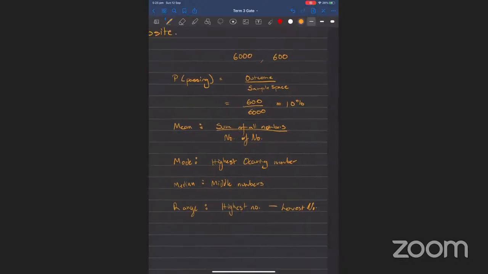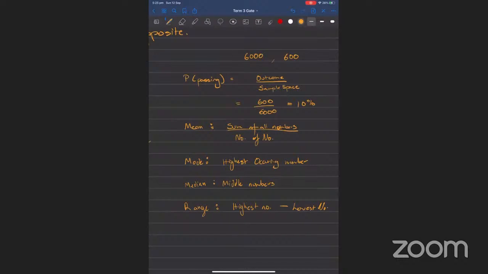So for example, I was looking at the homework marks for our class, right? The average score for the total homework score was around 65, I think. The most common occurring number was 70, pretty sure. The middle number, I don't remember exactly what it was. And the range was 100.